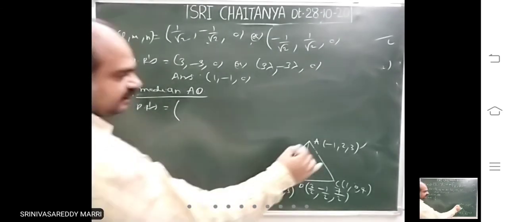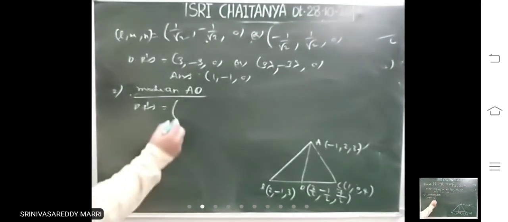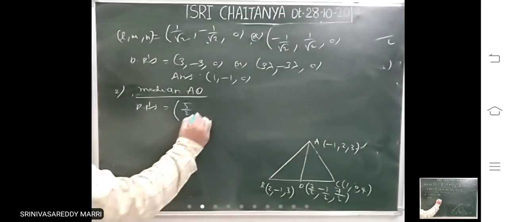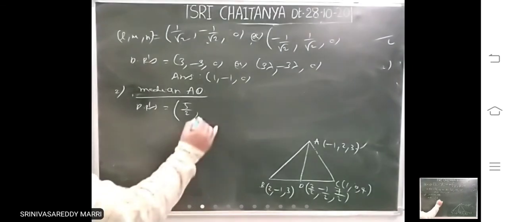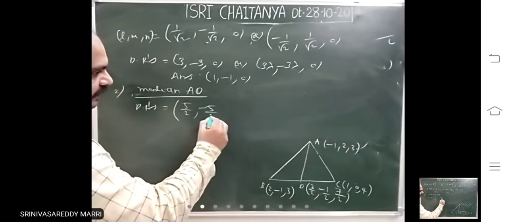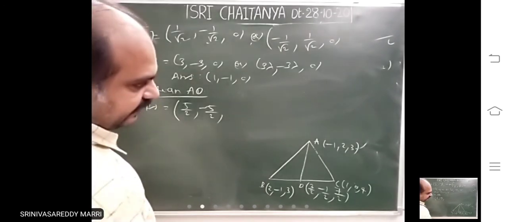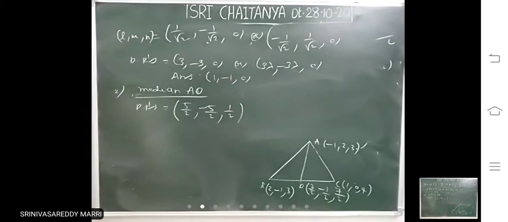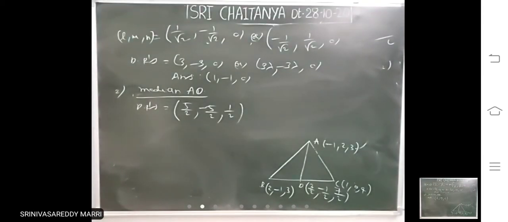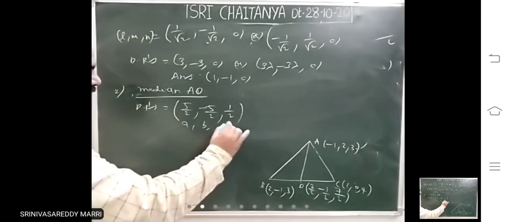The DRs are x2 minus x1, which is 5 by 2, y2 minus y1, which is minus 5 by 2, and z2 minus z1, which is 7 by 2 minus 3, that means 1 by 2. These are the DRs a, b, c.